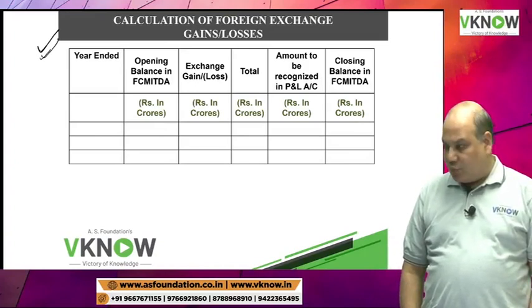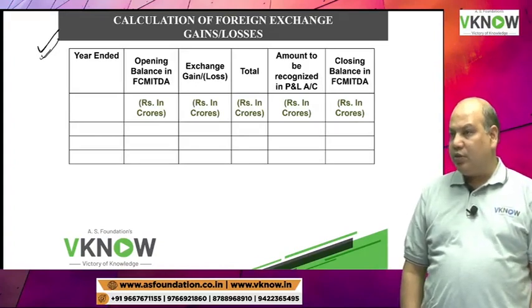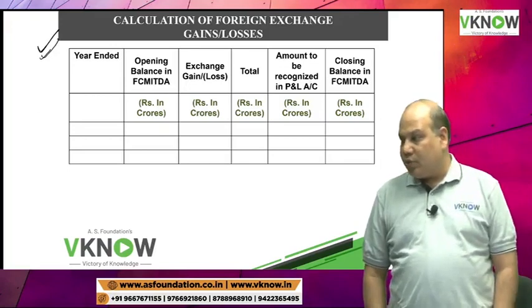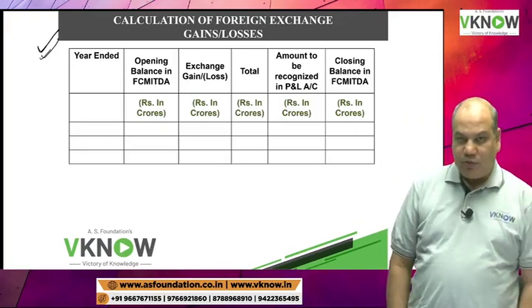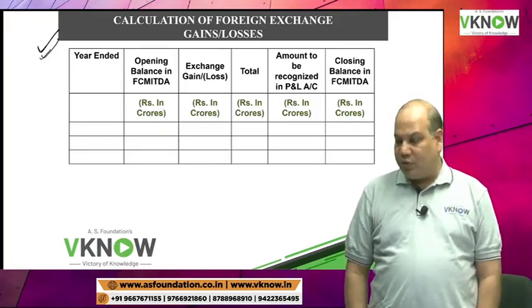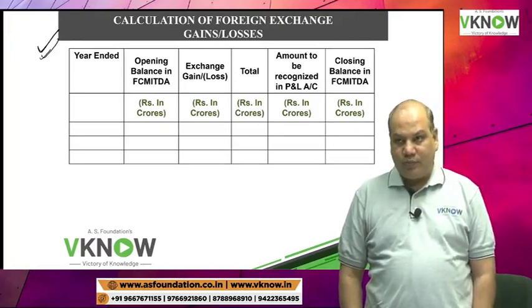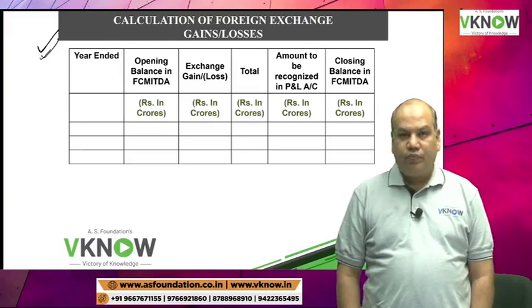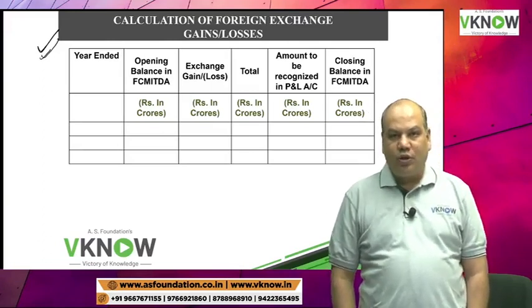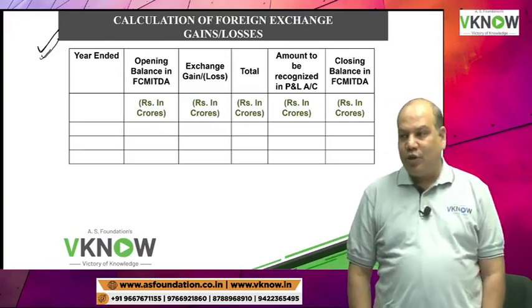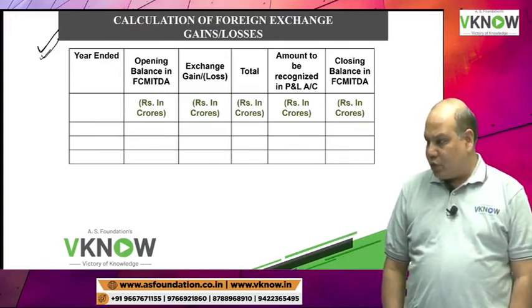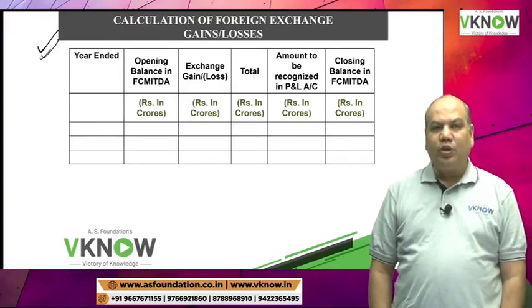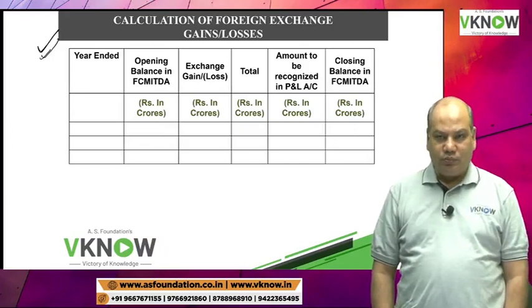Second column, opening balance in FCMITDA. Third column is exchange gain or loss. Fourth column is total.